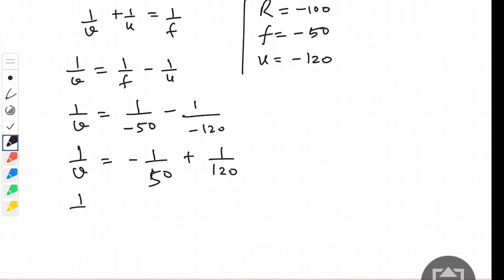Now let's find the LCM. This is 5 and this is 12, so it will be 600.